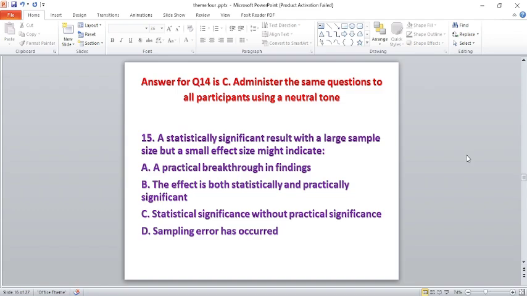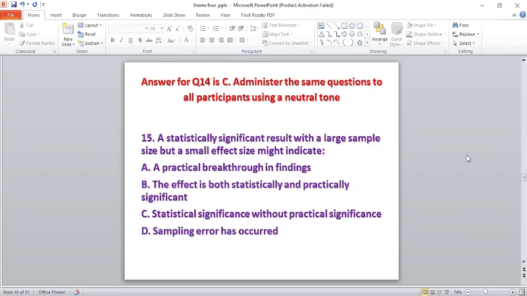B. The effect is both statistically and practically significant. C. Statistical significance without practical significance. D. Sampling error has occurred. The answer for this question is C. Statistical significance without practical significance.